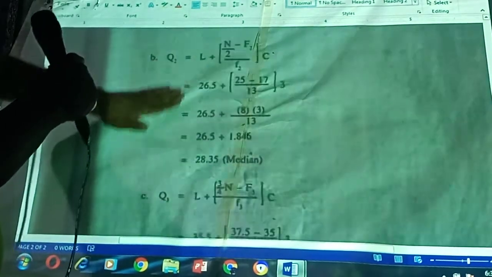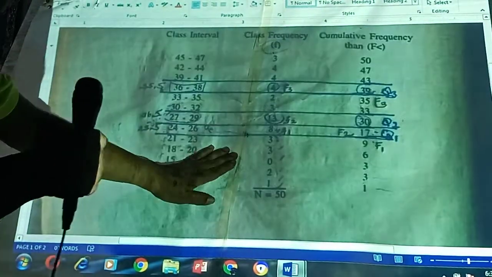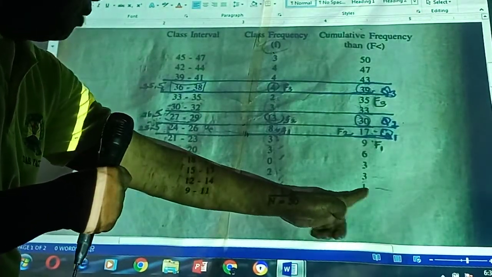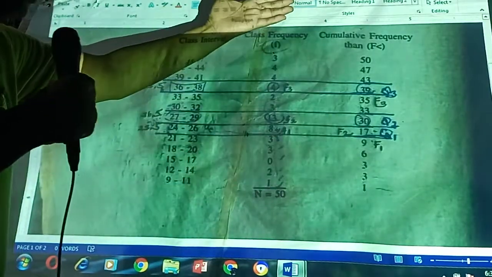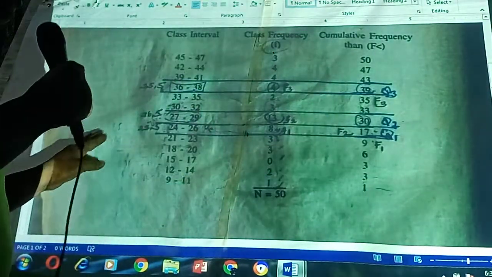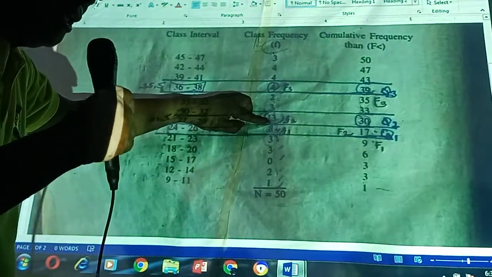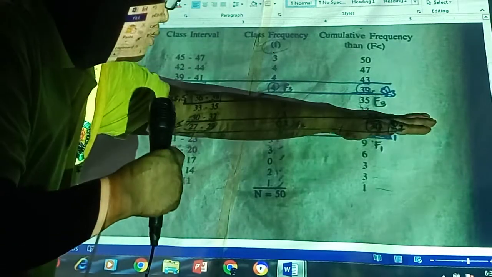Let's go back. How do we get the cumulative frequency? Start from the lowest score, zigzag: 1 plus 2 is 3, 3 plus 0 is 3, 3 plus 3 is 6. That is how we get it. How do we get Q2? As I told you, find the highest cumulative frequency and proceed to that.